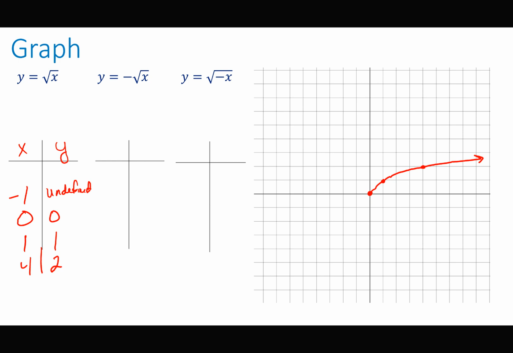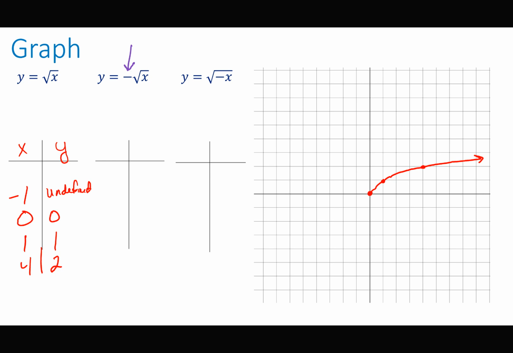So that's my square root of x, that basic function that we talked about. If we change this up to say negative of square root of x, what's this negative do again? What did we just talk about? It's going to reflect it over the x-axis.